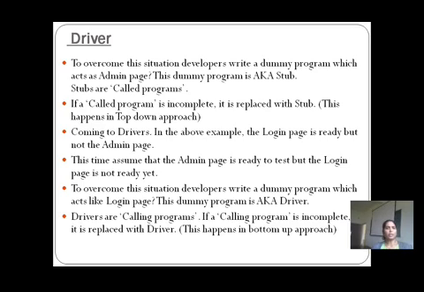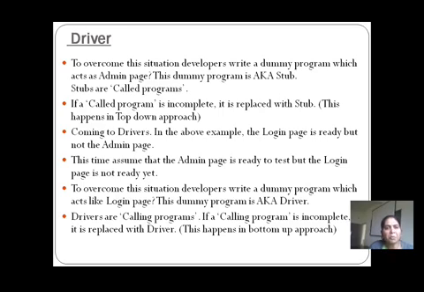After that they are going to see the admin page, but the admin page is still under the development process. To overcome such a situation, the developer is going to write a dummy program which acts for our admin page, and that dummy program is considered an acknowledgement stub. Stubs are called programs.